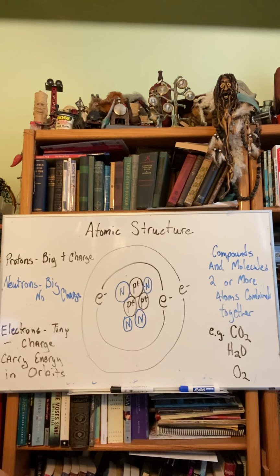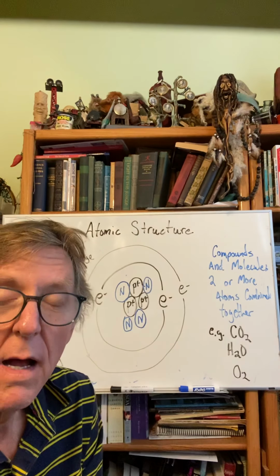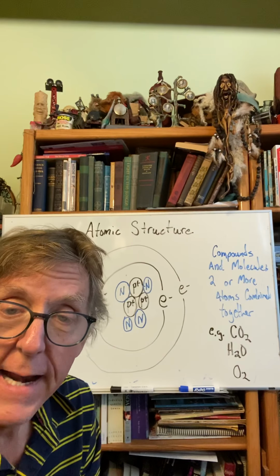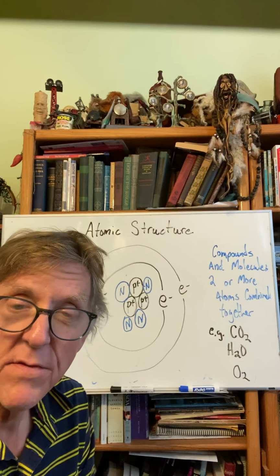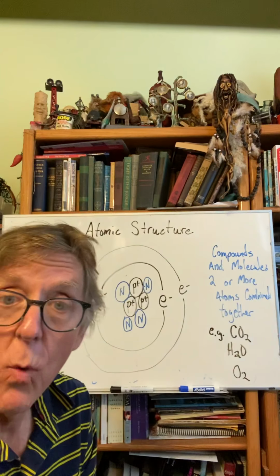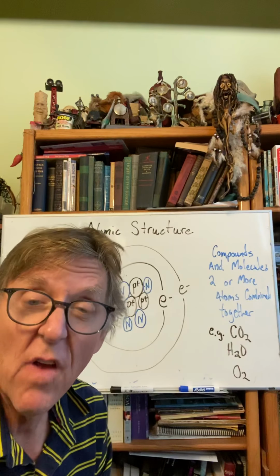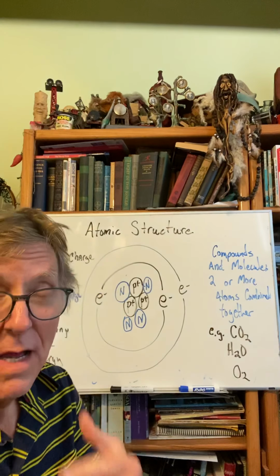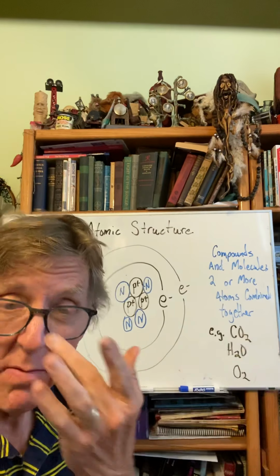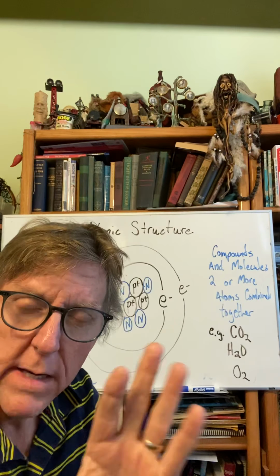All right, so we've reached the point where we're going to talk about the structure of an atom. And I said before, I mentioned one of these subatomic particles, protons. But there are three of them that we talk about.